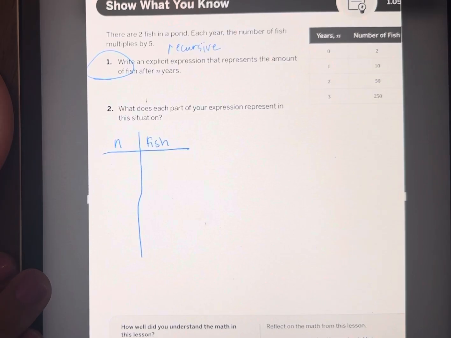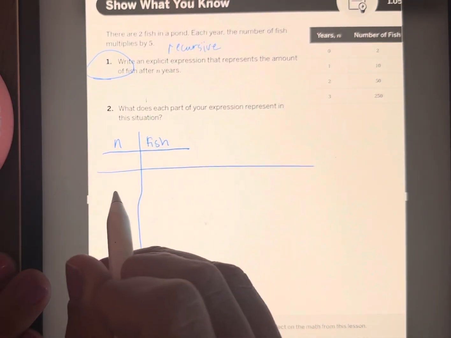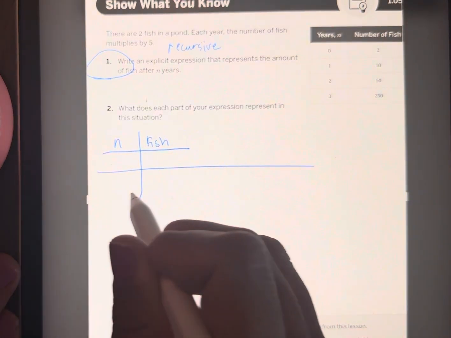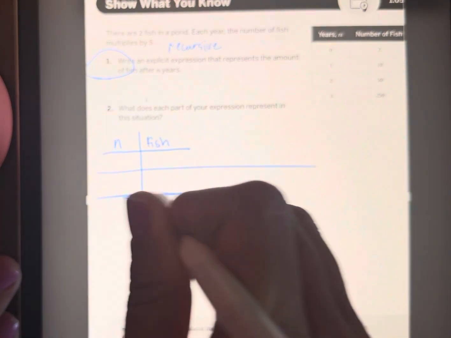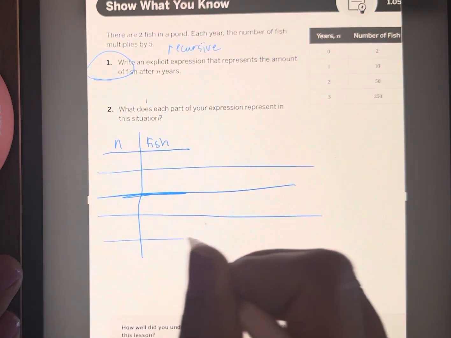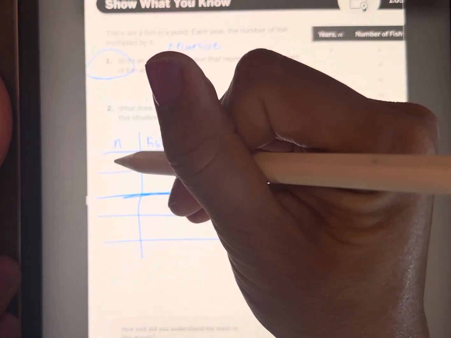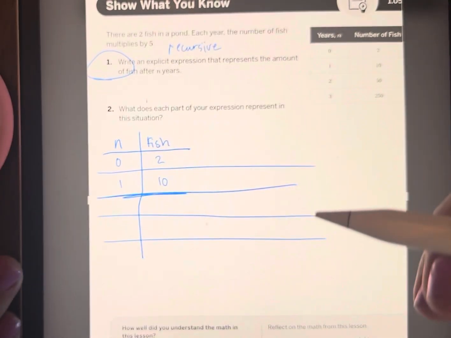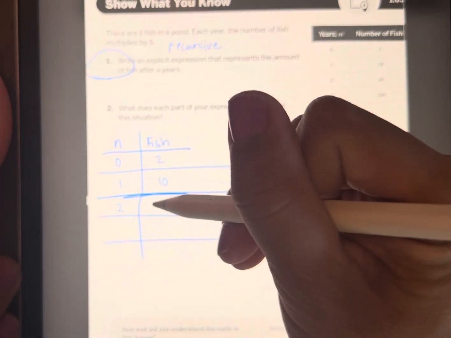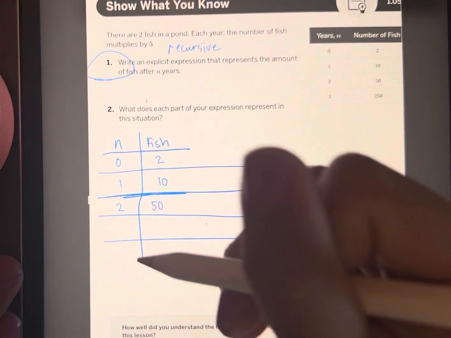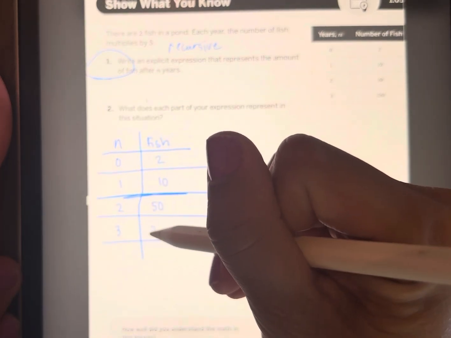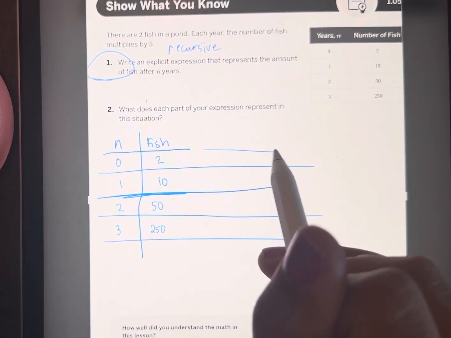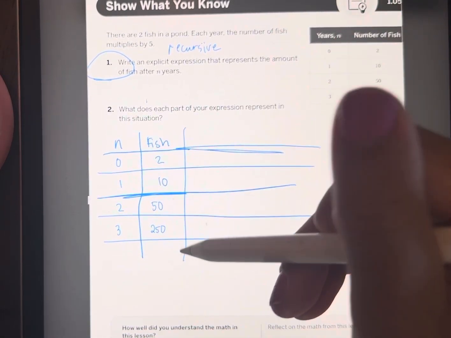I'm just going to recopy this chart over here so that I have room to play with it. 0, 2, 1, 10, 2, 50, and 3, 250. So this is what I want you guys to do. We're going to come up with a pattern.